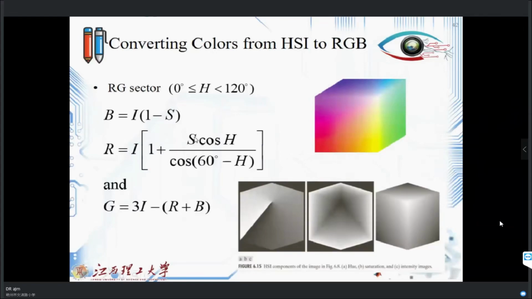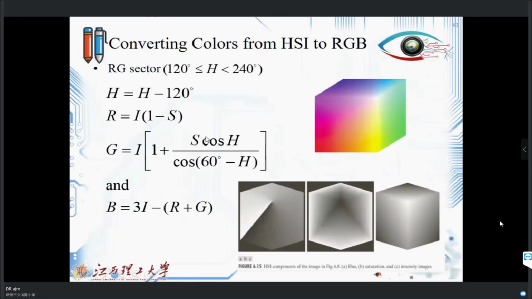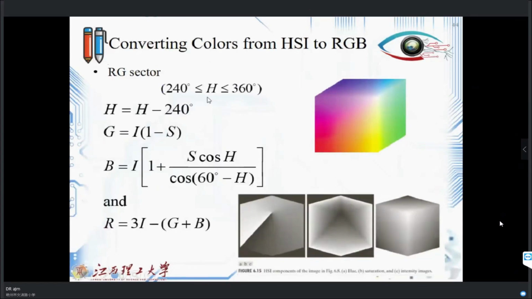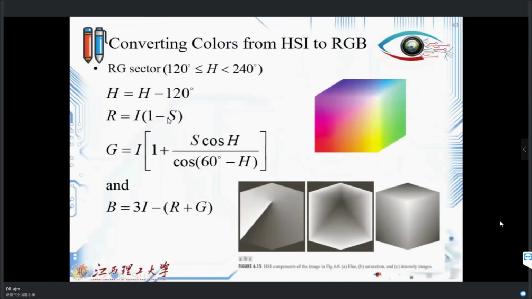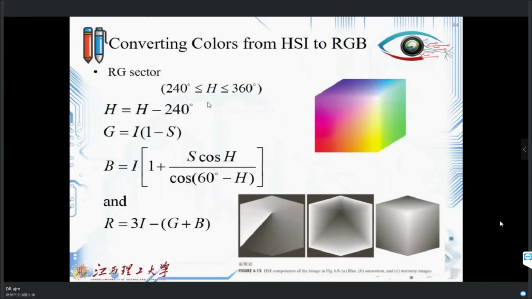When H is between 120 and 240, we have H and R and G as the mentioned parameters in this slide. And if H is greater than 240 and less than 360, we have this. Then what we understand is that we have three formulas to convert from HSI to RGB, depending on the value of H.